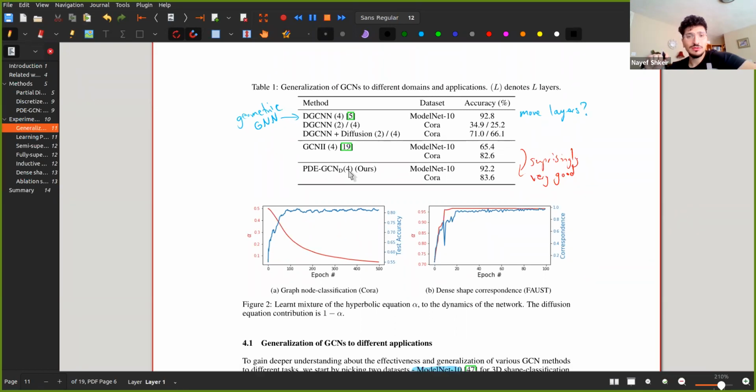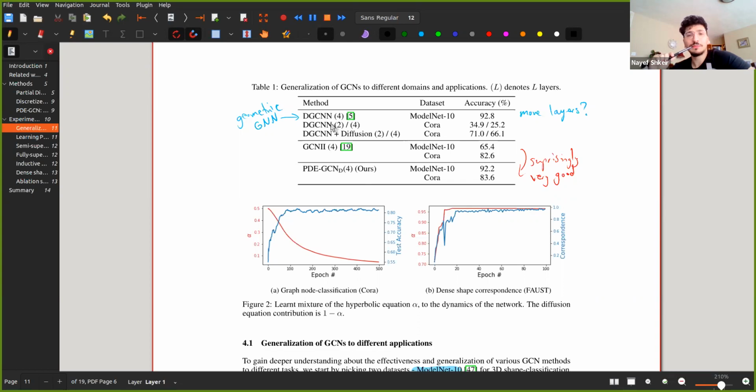And then they use this GCN, which helps against over-smoothing. They applied it to node classification, which did pretty well, and then did pretty badly on the ModelNet10 dataset. But their diffusion model did very well on both, right? I felt that was surprisingly good. And it still did very well on the ModelNet10 dataset.